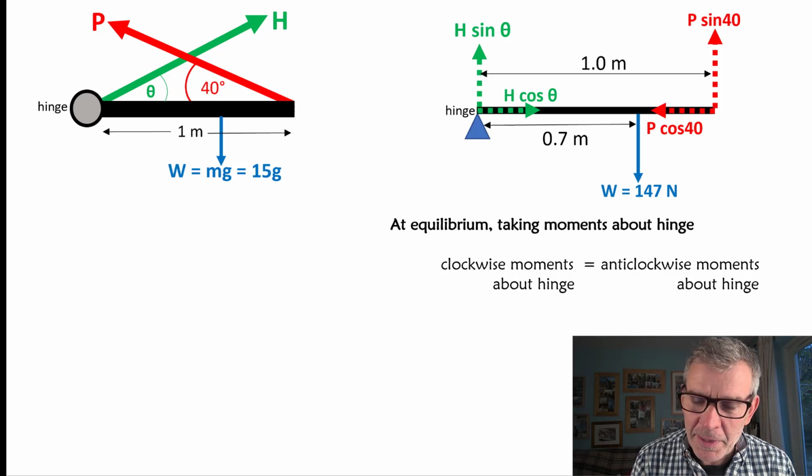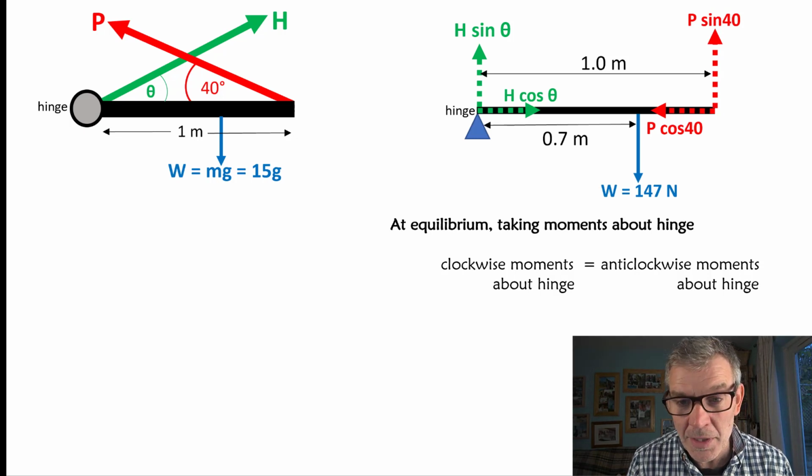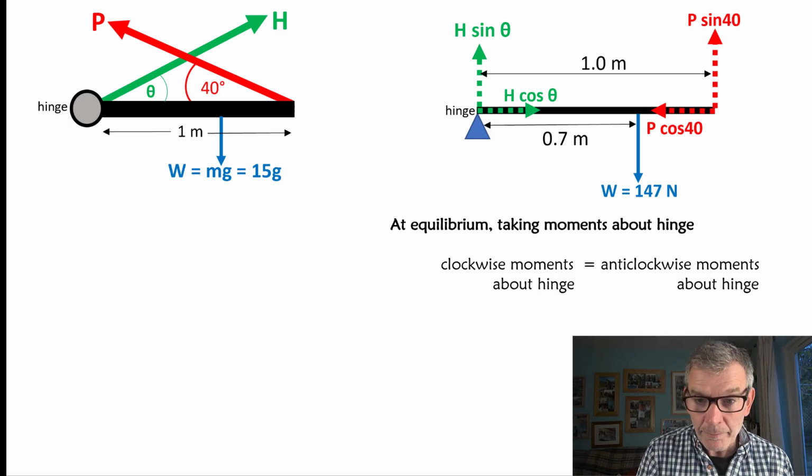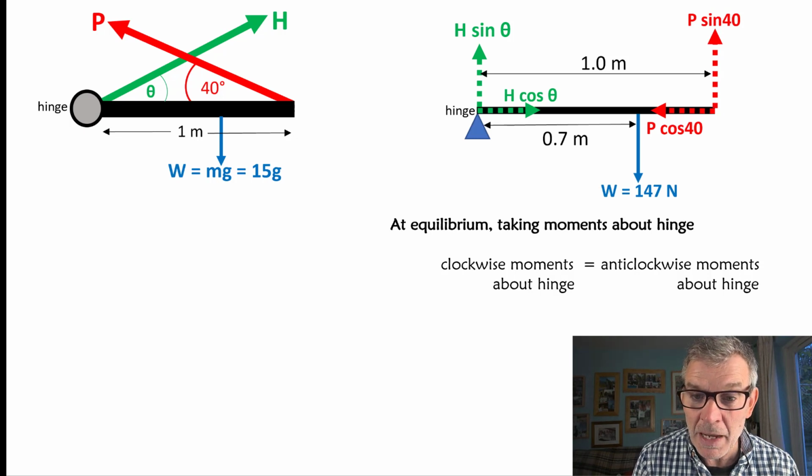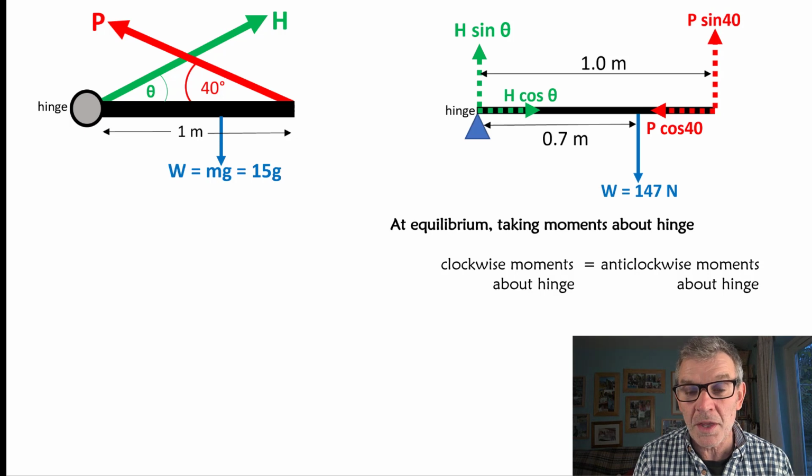As I've explained in previous videos, we always choose to take moments about a point where we've got the most unknown forces acting. If we take moments about the hinge, we don't know the magnitude of the force H, and we certainly don't know its direction. So it's a really good idea to take moments about the hinge, because then nothing to do with those hinge forces is going to appear in our equation.